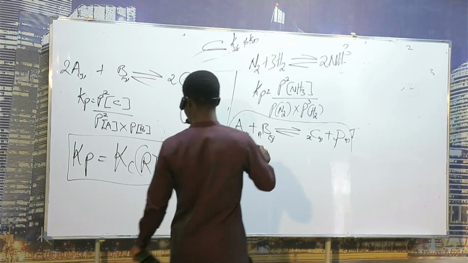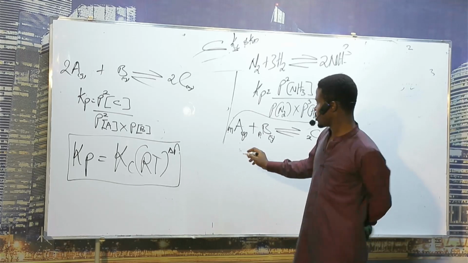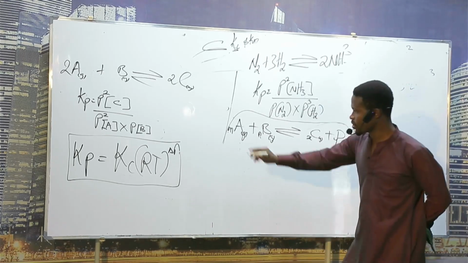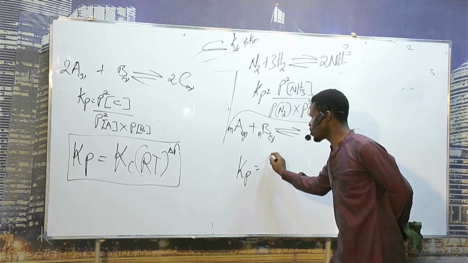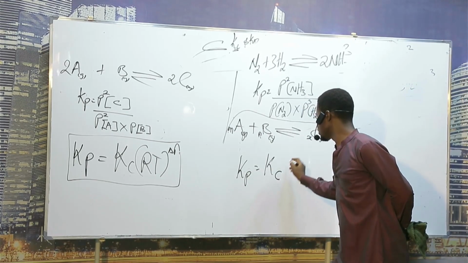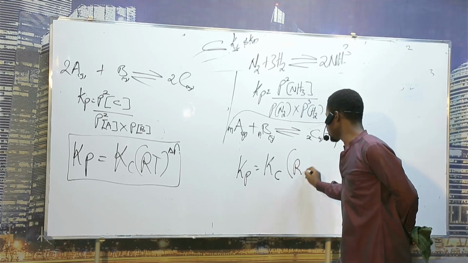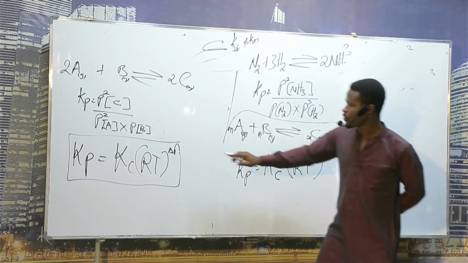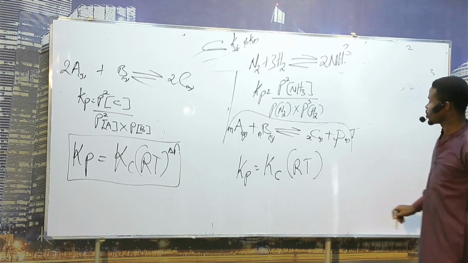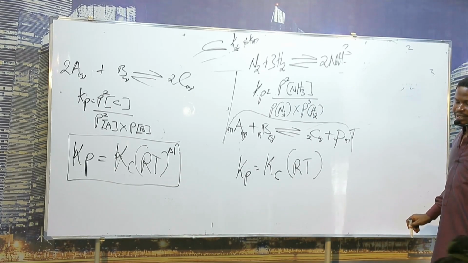So if I express this here, let me tell you the usage. Kp equals Kc (RT) to the power change in n. For this expression, what is the change in number of moles?